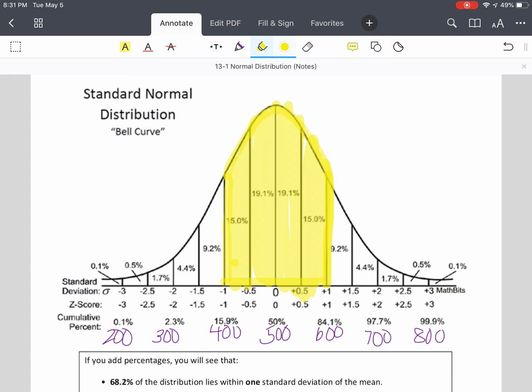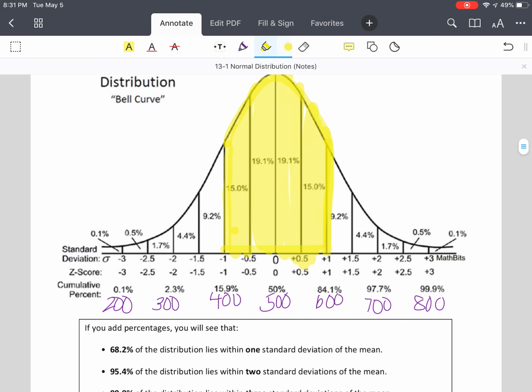So if you add up 15.0 plus 19.1 plus 19.1 plus 15.0, you will get exactly 68.2%. So what that means is, if this was the example with the SAT scores, 68.2% of the people who took that SAT math got between a 400 and a 600. 68.2% of the people got between a 400 and a 600. We say that their scores were within 1 standard deviation of the mean.